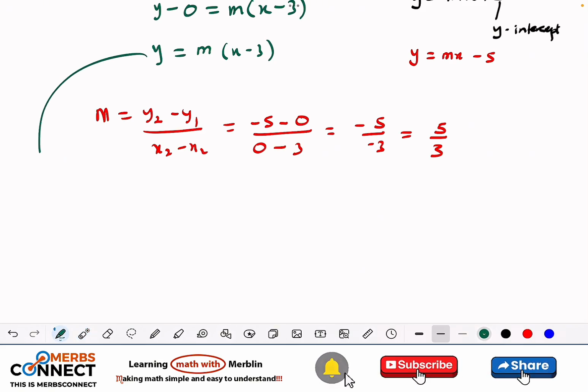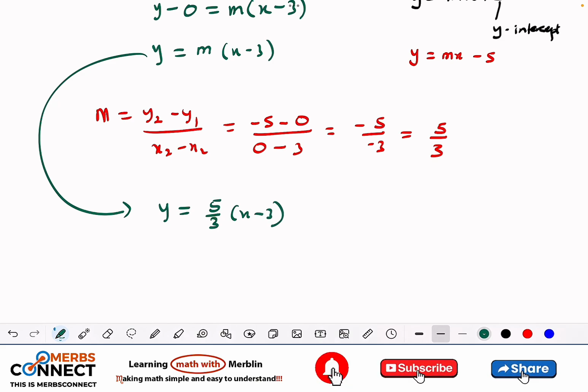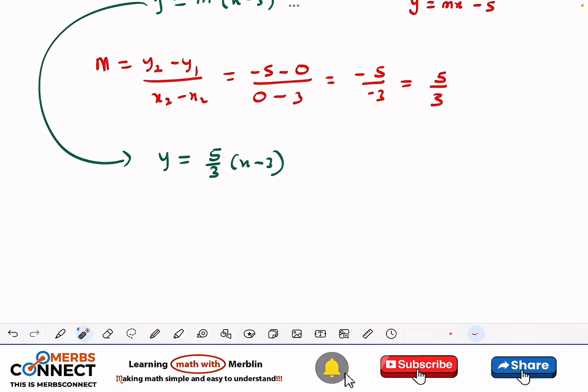From this one, we are going to have y is equal to 5 on 3 x minus 3. So what I'm going to do is multiply through by 3, and when I do that, I'm going to have 3y is equal to 5x minus 3.